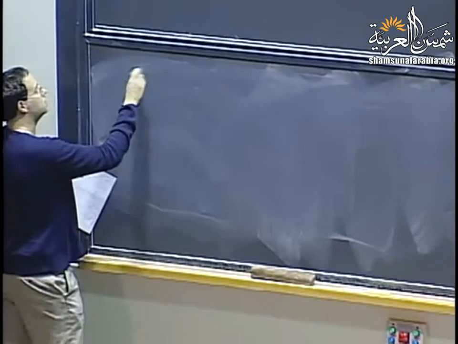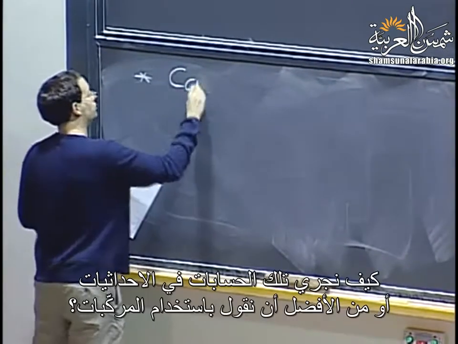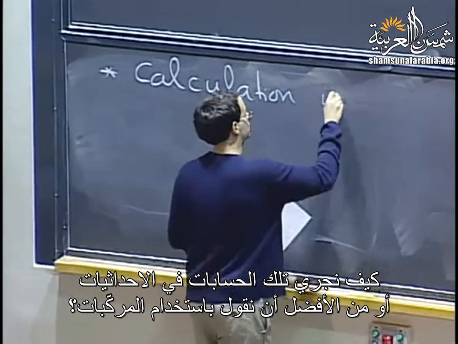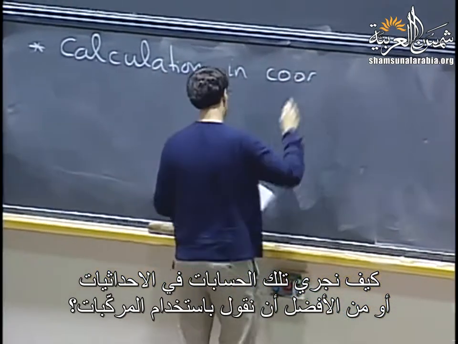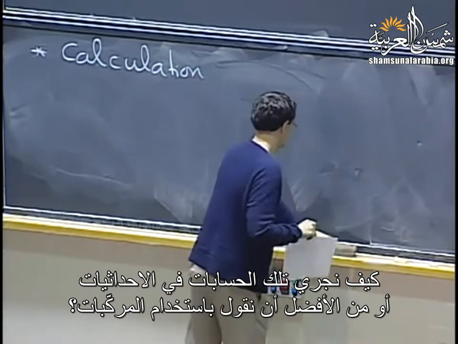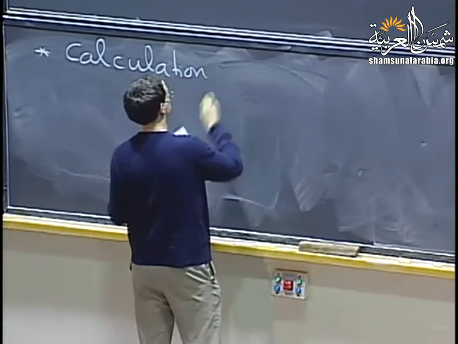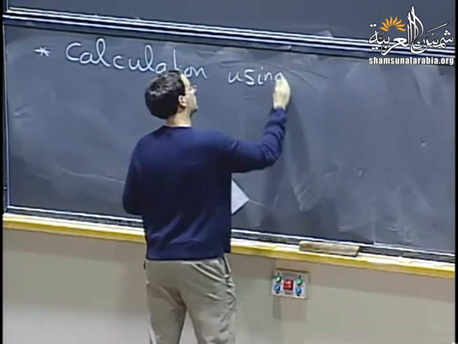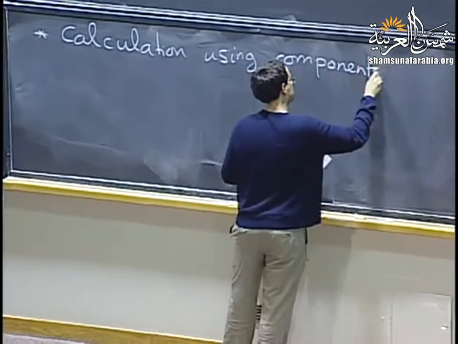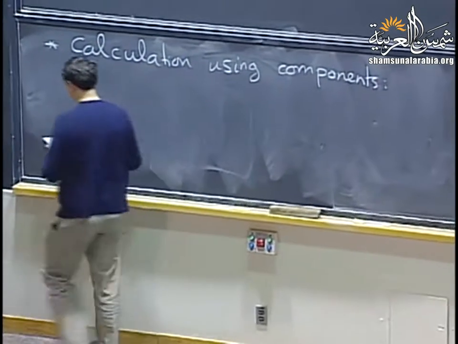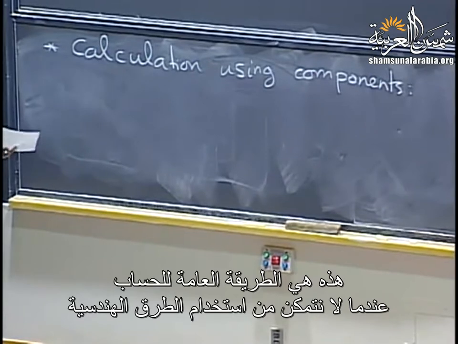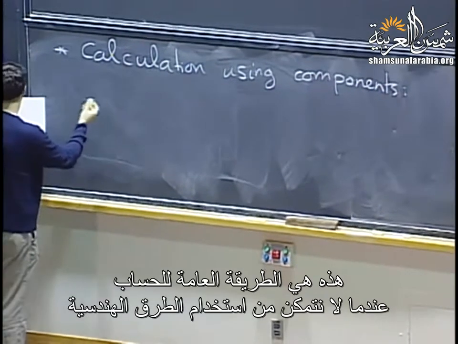So let's try to figure that out. Okay, so how do we do the calculation in coordinates? Or I should say maybe using components. That's the general method of calculation when we don't have something geometric to do.